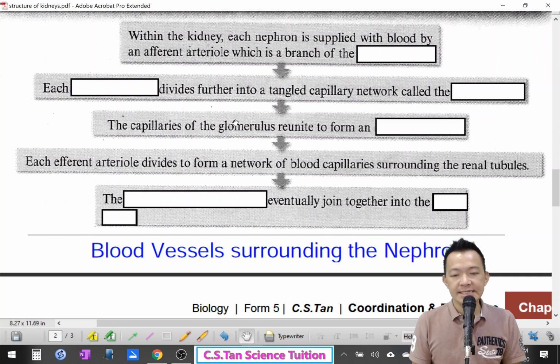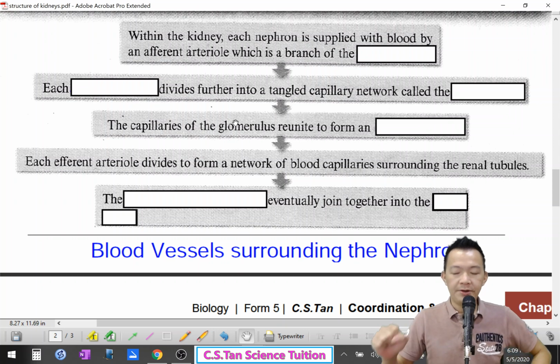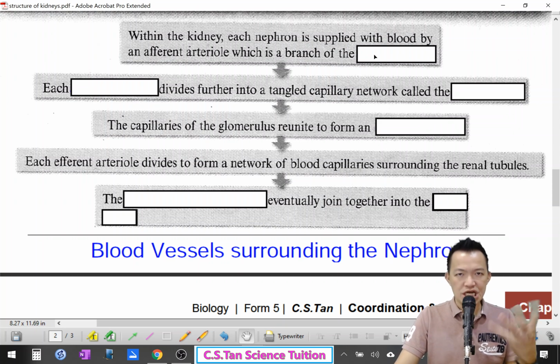Okay, 再来. So third time 第三次了啊, third level 第三回合, we try with sentences. 我们用句子呢解决了. If you can fill in the blanks, maybe you understand 了，你知道整个大画面了, and 你就差不多要过关了. Okay, in the kidneys, each nephron is supplied with blood by the afferent arteriole, which is a branch of the renal artery.